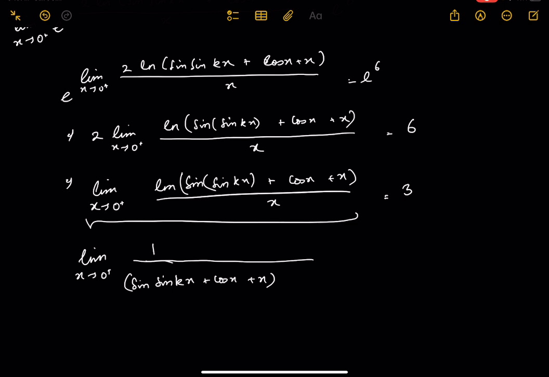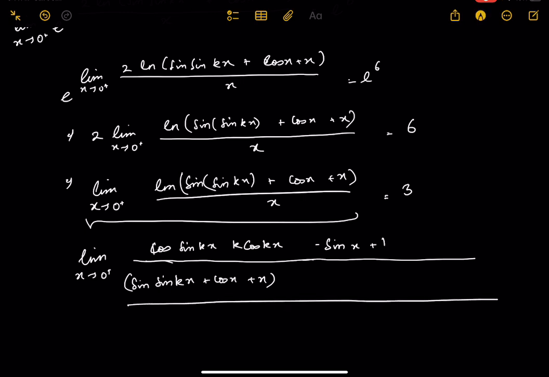So the derivative of sin kx becomes cos kx into k, by chain rule, and by some rule we know that the remaining derivatives would be simply derivative of cos x, that becomes minus sin x, plus derivative of x, that becomes 1, and don't forget the whole would be below the denominator.